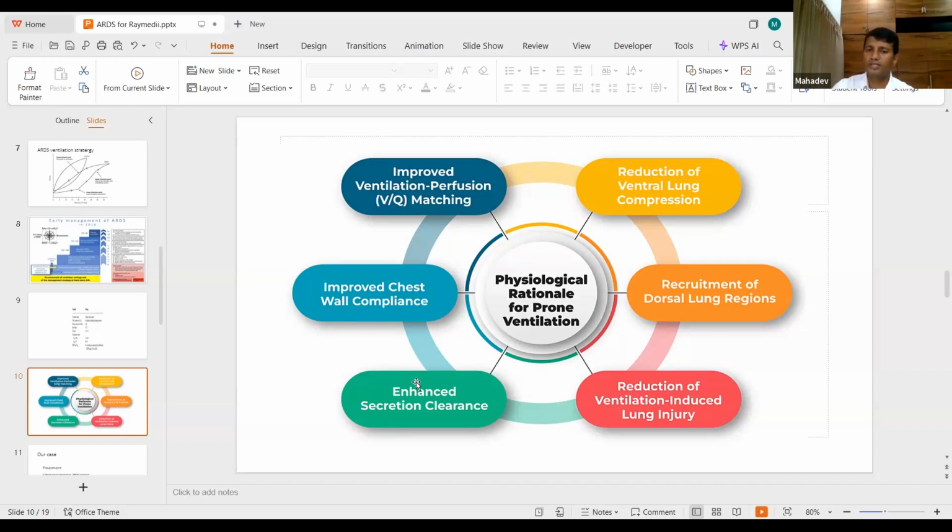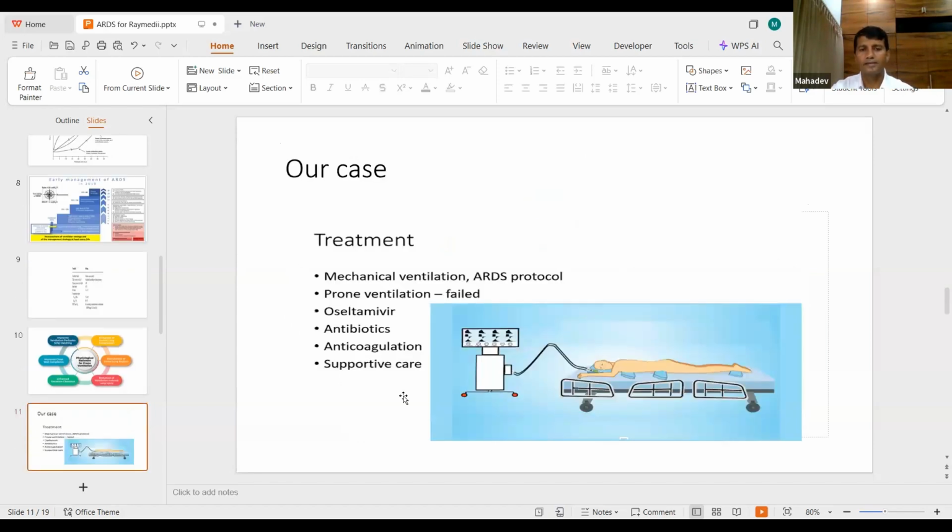This improves overall VQ matching, and you can see the oxygenation improving for 1 to 2 hours. There will also be a reduction of ventilator-induced lung injury because your ventilatory parameter requirements come down. This definitely improves the oxygenation, but whether it improves survival is a questionable thing.